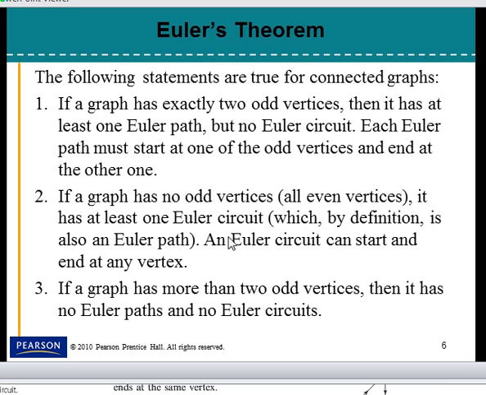So these rules can be used to decide whether or not you have Euler paths and Euler circuits. So you have to refer to these rules. When we have a test or a quiz on this, you don't have to memorize these rules. You will be allowed to use these rules if you have them on the test or the quiz.